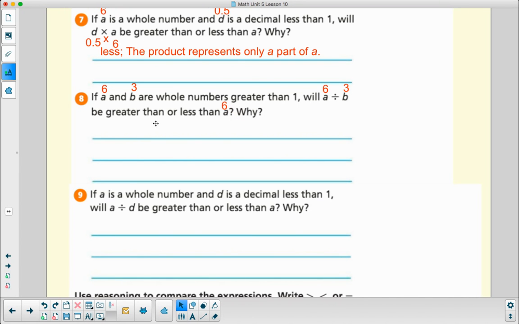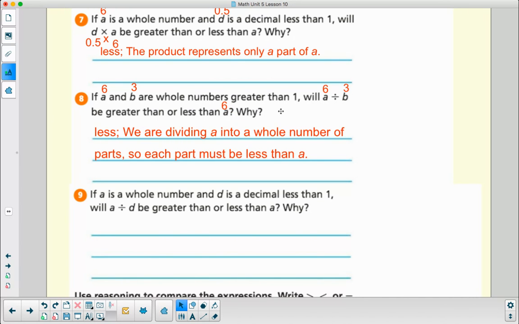Well, it's less, right? Why is it less? Because we're dividing A into a whole number of parts. We're taking 6 and we're taking out whole number parts. I need to use 3 wholes to make each part, don't I? So each part is going to be less than 6.